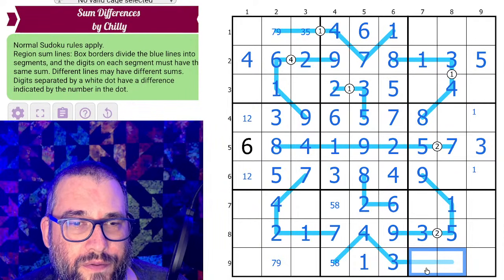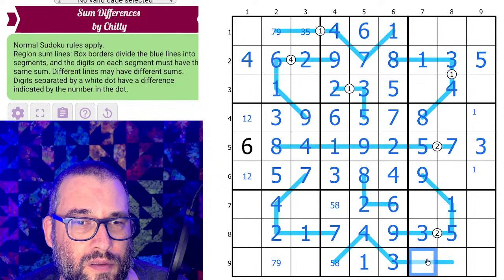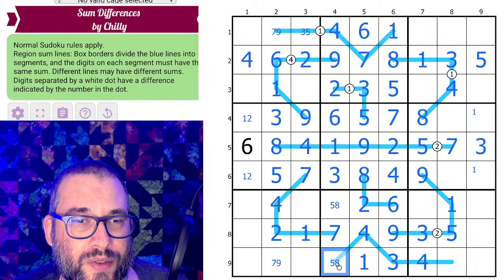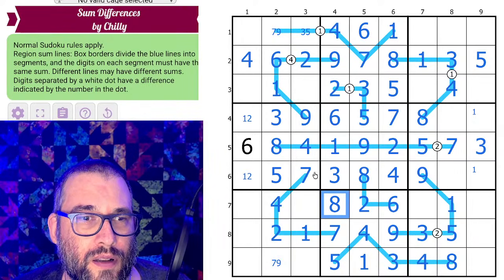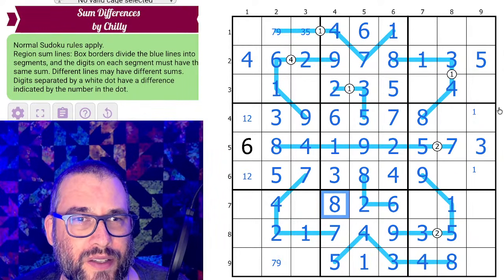Let's see. 4 in column 7. 4 is just here. So this had better not be 3, 8. This is going to have to be 3, 5 with an 8 there. And that should take us home.